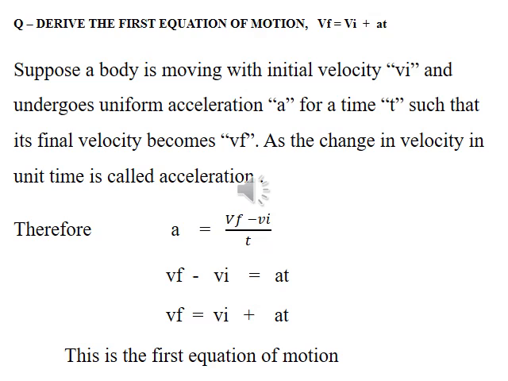On the left side, Vi is minus; on the other side of the equal sign, it should be plus. So our equation is Vf equal to Vi plus At. This is the first equation of motion we have to derive. So, it is our derived equation.